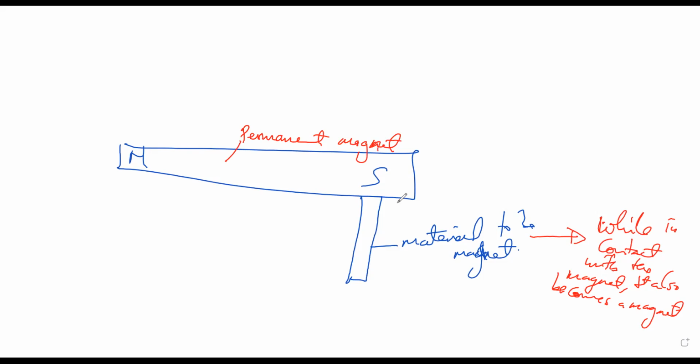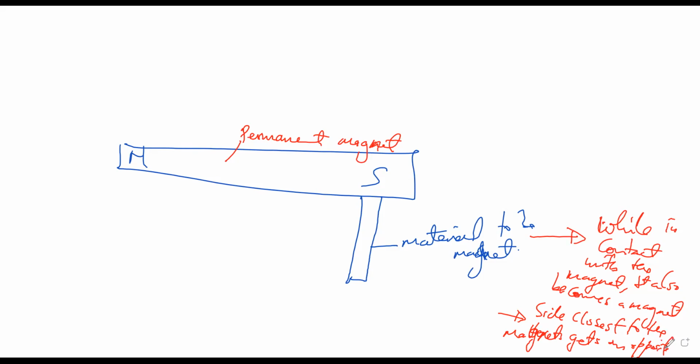One other thing we need to remember is that the side closest to the magnet attains an opposite pole.